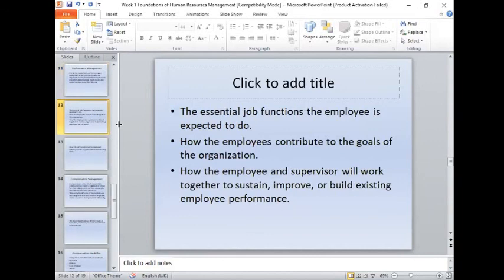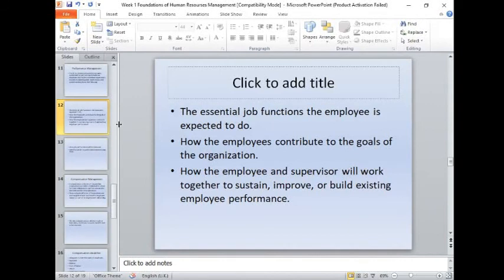This performance management can also help to determine the weaknesses of the employees that will undergo training. Okay, and performance management is also about the essential job the employees are expected to do, and how the employees contribute to the goals of the organization.